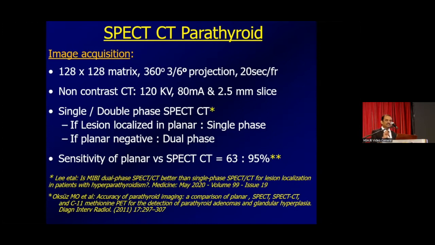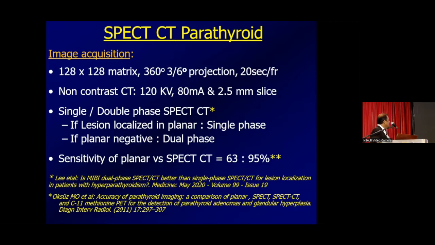But if the lesion is already localized in the planar image and you want to know the exact anatomical site, then you will do a single phase. But most of the time, because we don't know whether the patient is having a positive or negative scan, you will end up doing a dual phase SPECT-CT.